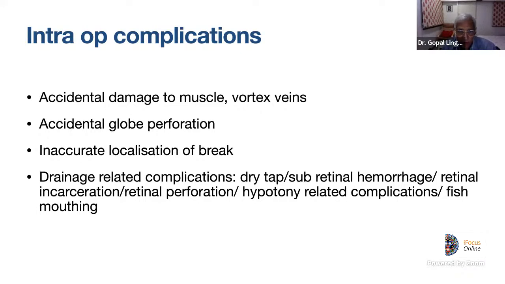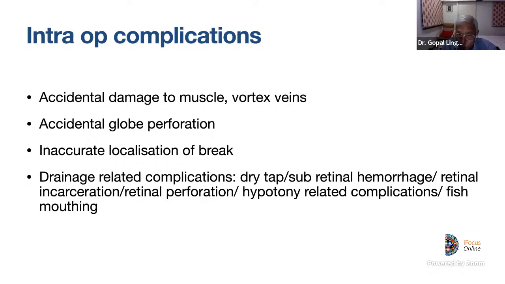Then you can get retinal incarceration. Again, retinal incarceration occurs very often because you chose a site where the fluid is less, or you had a sudden gush of fluid coming out because your assistant did not relax the globe when you were trying to perforate.